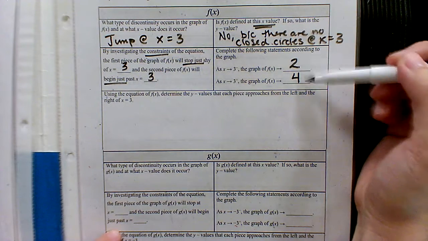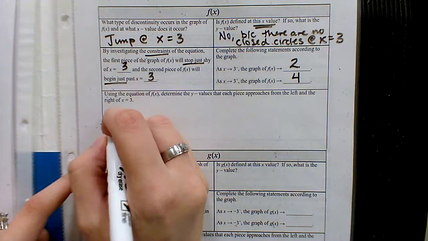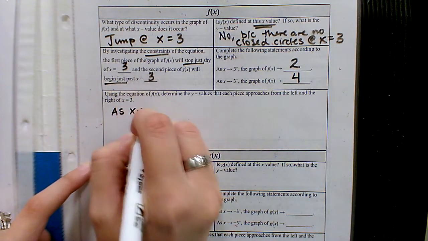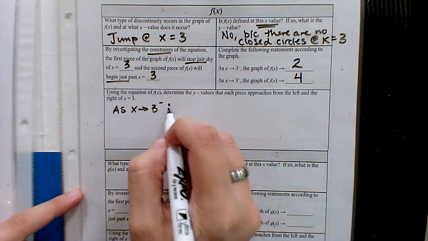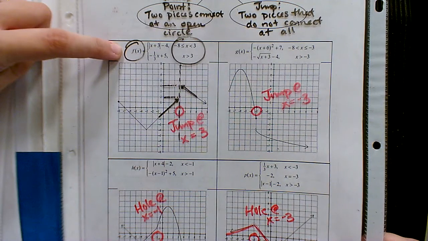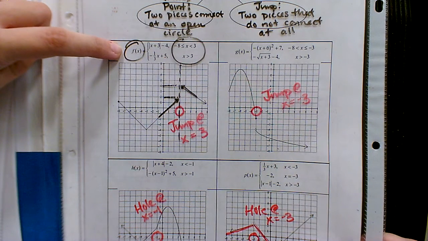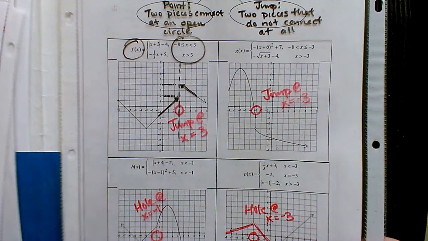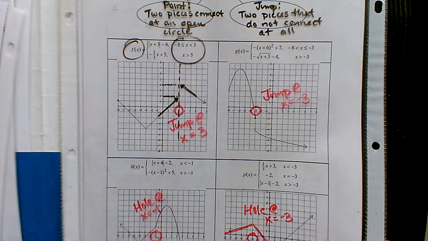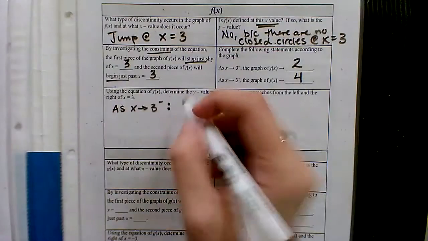Okay? Let's see if we can get those same values by using the equations. So if we were to approach this 3 value from the left, which equation would we use from the function? You have to take a look at the other page. Which one shows up to the left of 3? Absolute value, what are you going to say? The absolute value one? Perfect.